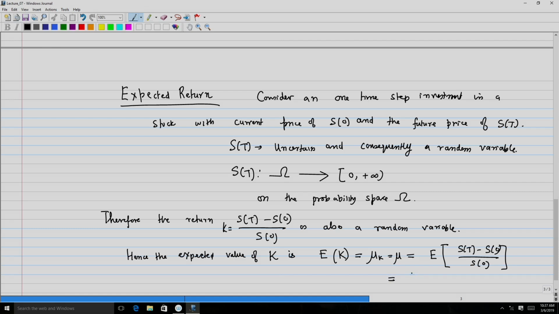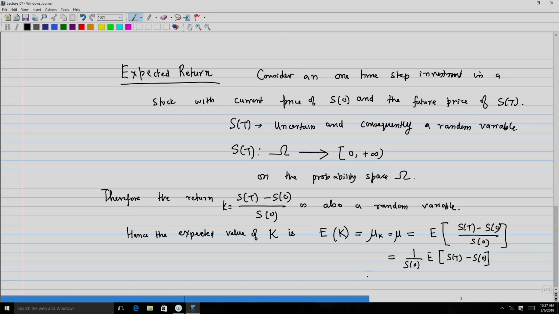I can use the properties of expectation to get the 1 over S 0 out, since it is a constant. So, this becomes 1 over S 0 E of S t minus S 0, and this can now be written as E of S t, because that is the random variable, minus S 0, since S 0 is known, divided by S 0.